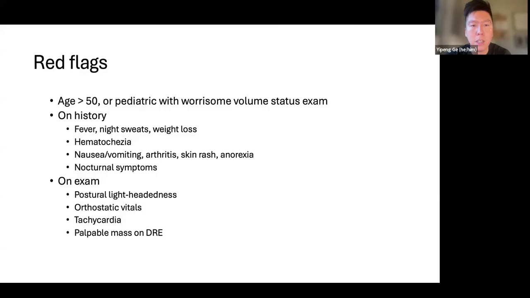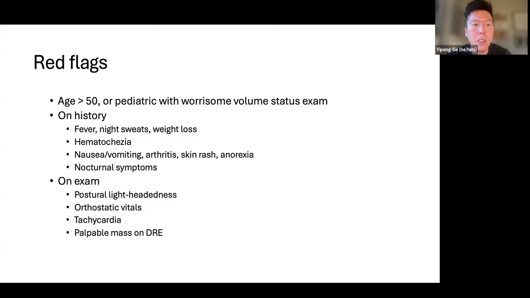But just knowing that the volume status exam is quite important for children, quite important for older adults, but I would argue specifically for children because they're in a more vulnerable position where they might not be seeking out more fluids in the ways that adults are able to look after themselves.